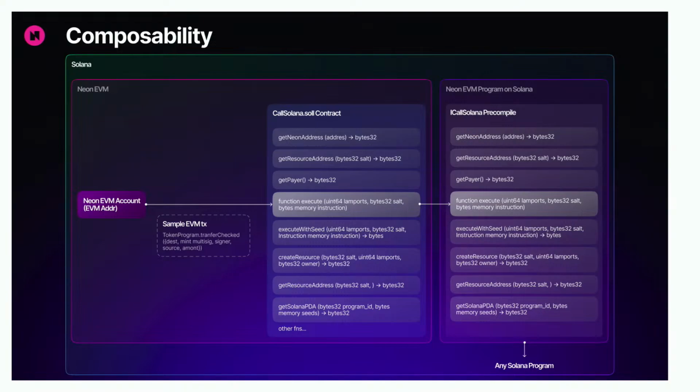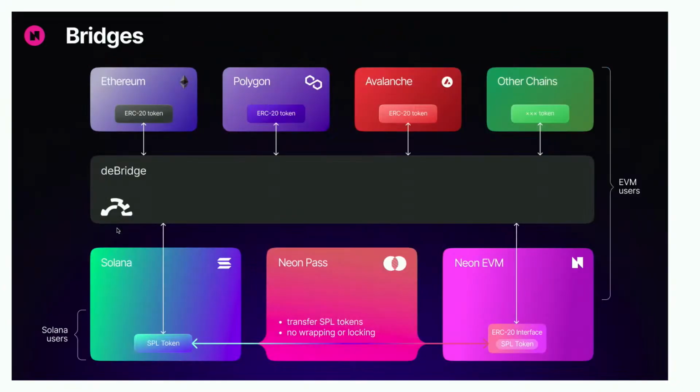So you can have the interface, and from that interface you can just call those methods. This is how it looks. We have the iCallSolana.sol contract, from which you can call the precompile, which already exists on SVM. These are some of the bridges we have, like Neon Pass and dBridge, and some other EVM chains.